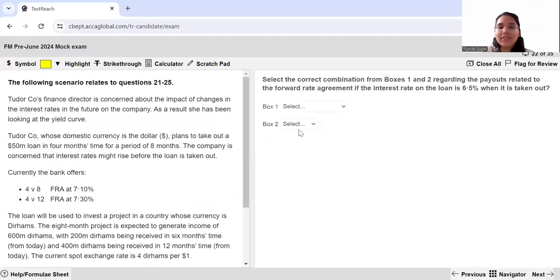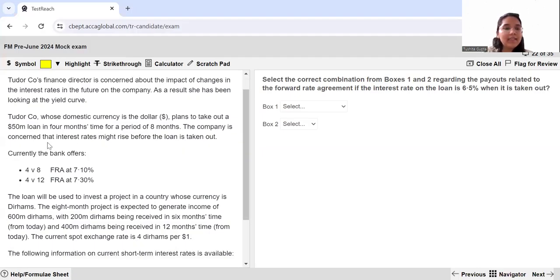Moving ahead, this is question number 22. Select the correct combination from the boxes 1 and 2 regarding the payouts related to the FRA if the interest rate on the loan is 6.5% when it is actually taken out. So let us go back to the information that was provided with respect to the FRA agreement. They are going to have to take a loan of $50 million in 4 months from now.